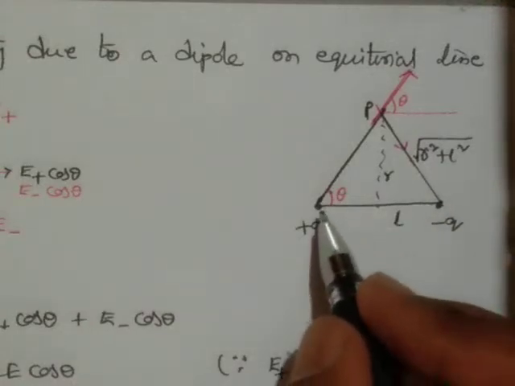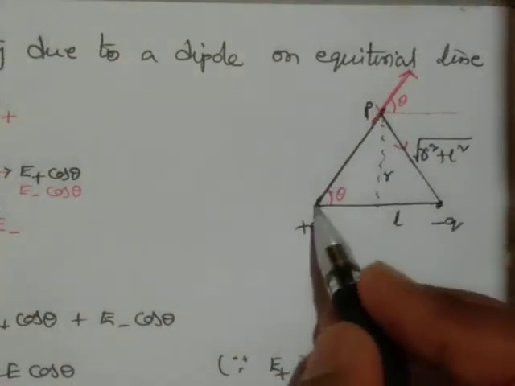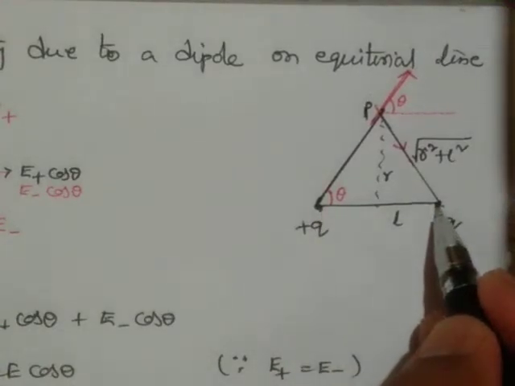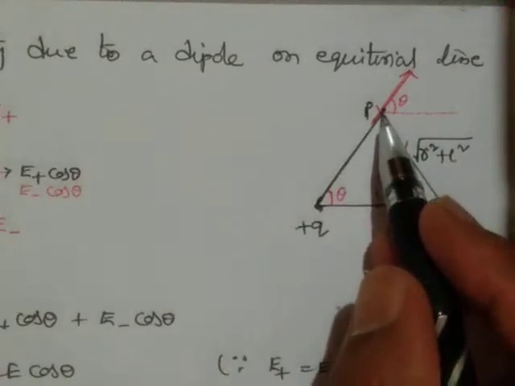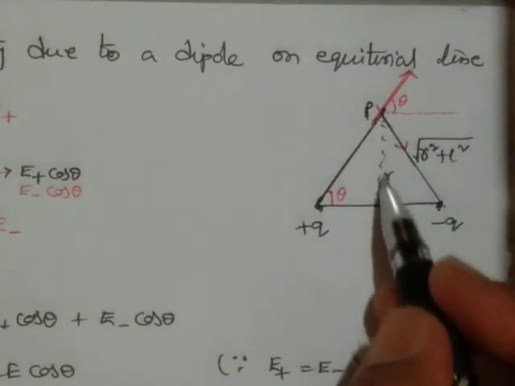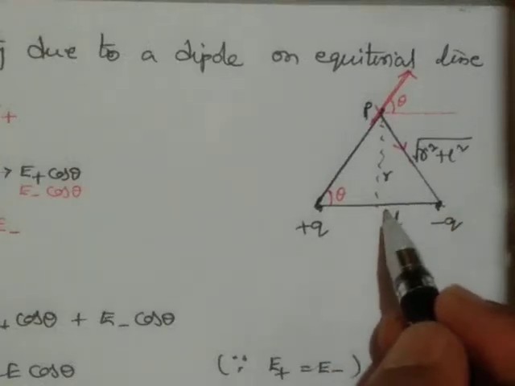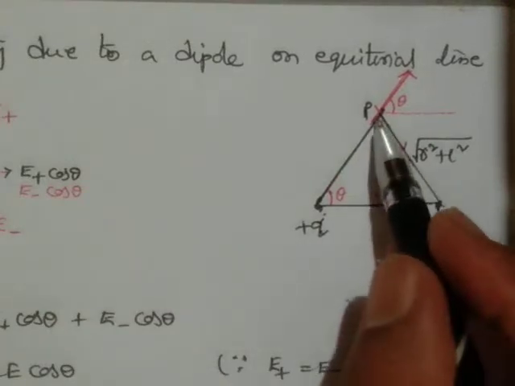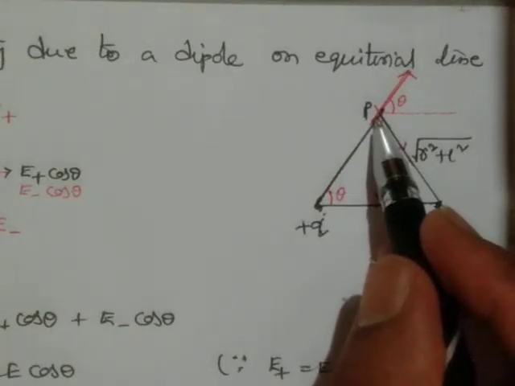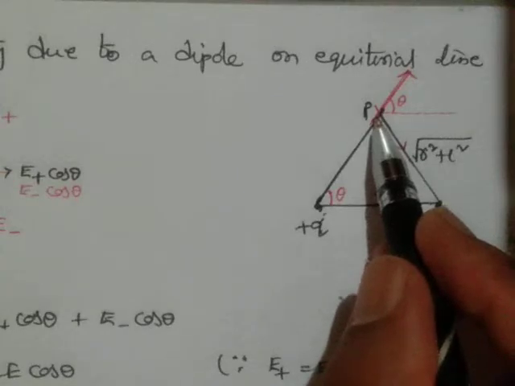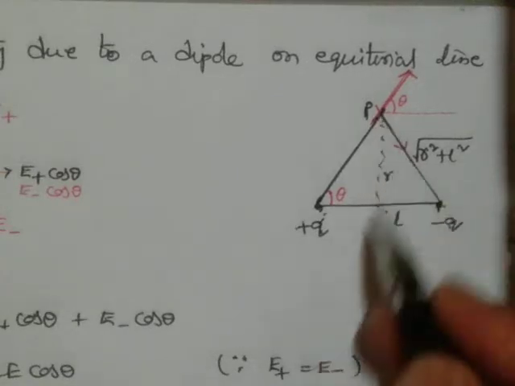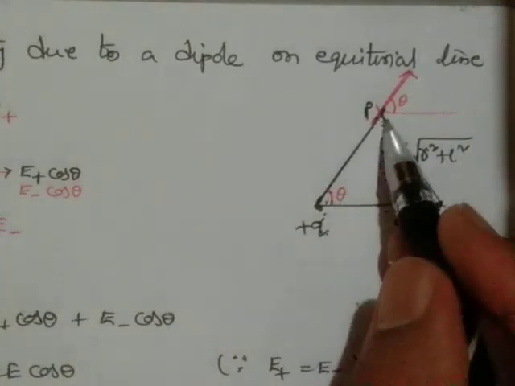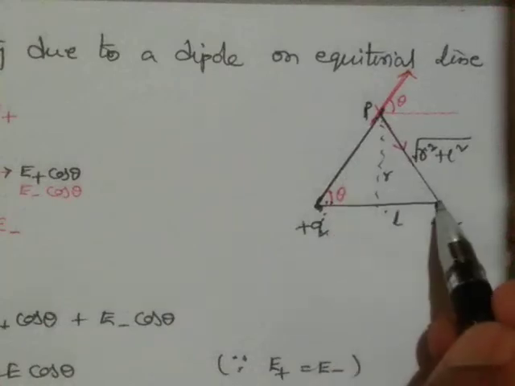So here it is very simple. We can say that the point P is equidistant from the two charges. Since I am considering the point P exactly on the line passing through the midpoint of the dipole, both the negative charge as well as the positive charge are equidistant from the point P. So, in magnitude, both the field intensities are the same, since the magnitude of the charges is the same, as well as the distance from the point P to the respective charges, right?